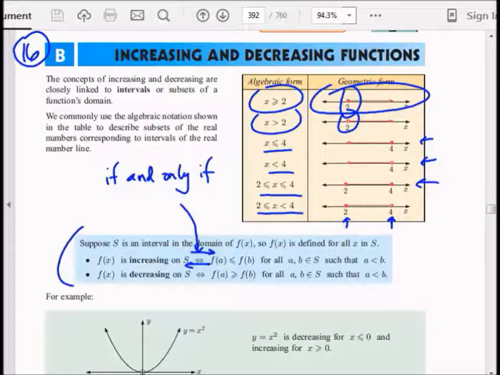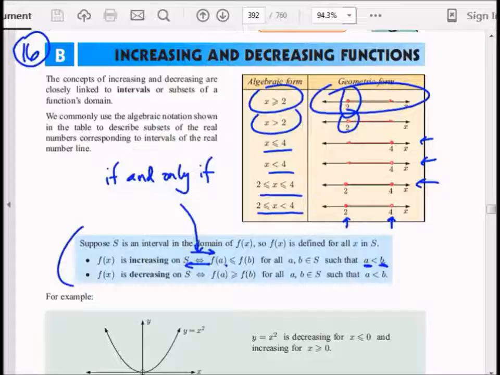The function from a to b, for all a, b an element of S such that a is less than b. All right, so what does that mean? Again, we just need to decode what's being said here in our mathematical speak. The function is increasing if, going from the left to the right on our domain, a is less than b, b is greater than a, and f of a is less than or equal to f of b.